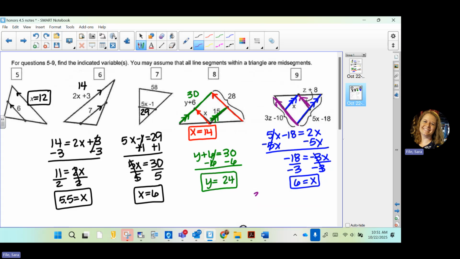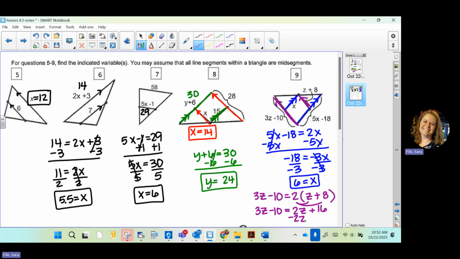So I'm going to have 3z minus 10. So the side length is twice the midsegment, and the midsegment is z plus 8. So now I have to distribute that too. So I've got 3z minus 10 equal to 2z plus 16.